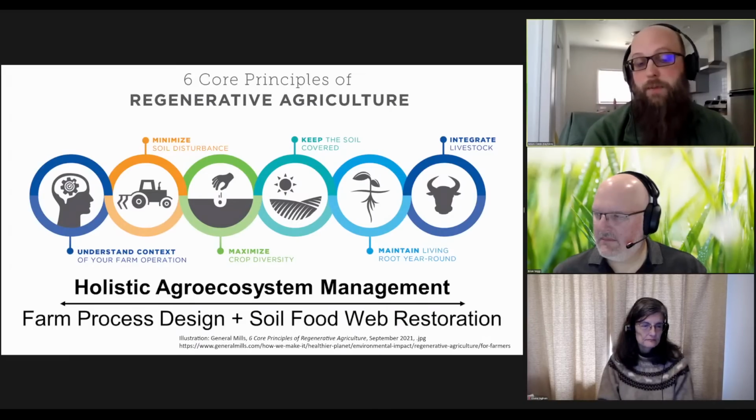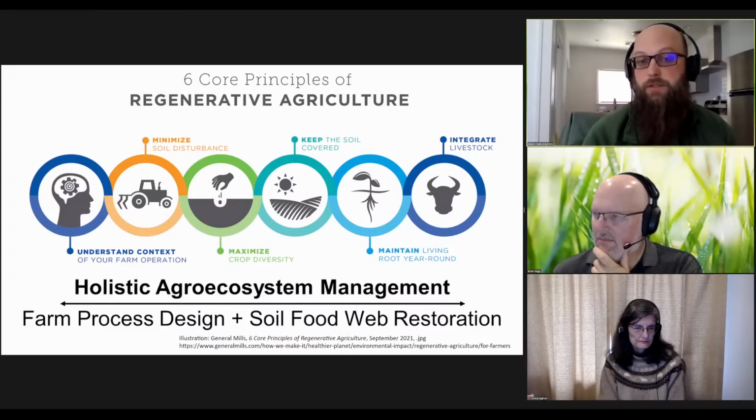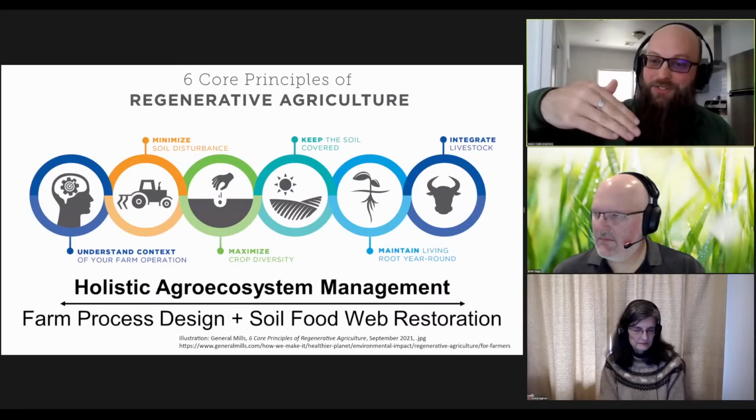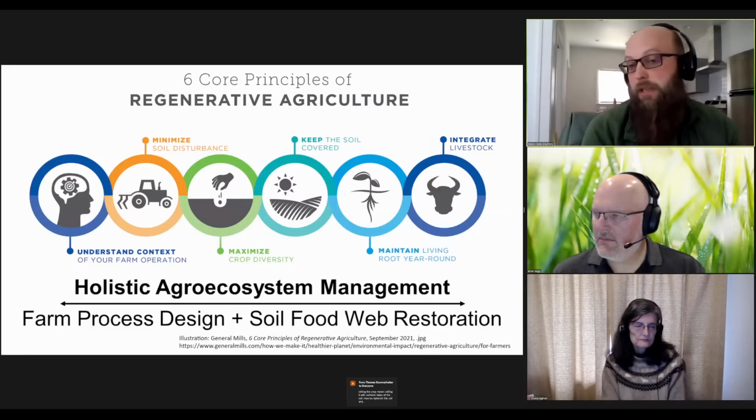These practices have been used for millennia, especially by indigenous populations around the world, because their food system wouldn't have supported their population if they weren't using practices such as this: minimizing their soil disturbance, bringing in a diversity of crops, especially things like legumes that can restore nitrogen to the system, keeping the soil covered with mulch or other things so that it's protected, growing something all year so that there's always sunlight coming into some plant, turning into sugars and other important compounds and going to roots to feed the microorganisms, and integrating livestock into that system.